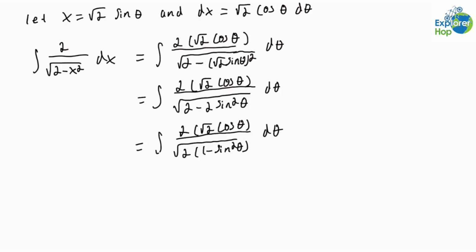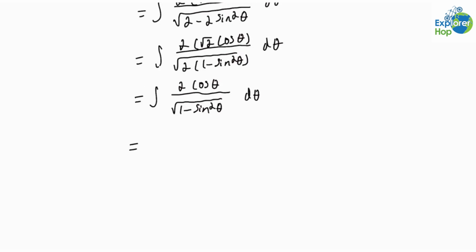Root 2 divides out, so this is equal to the integral of 2 cosine theta over root of 1 minus sine squared theta d theta. And using the Pythagorean identity, 1 minus sine squared theta is equal to cosine squared theta.